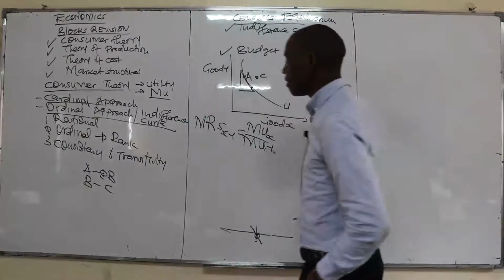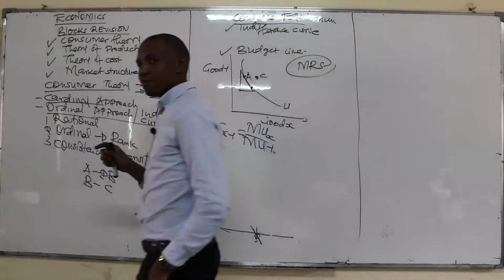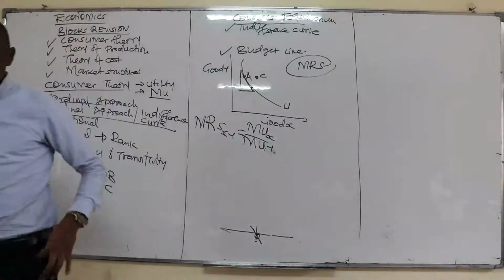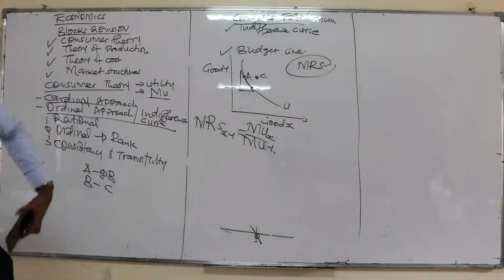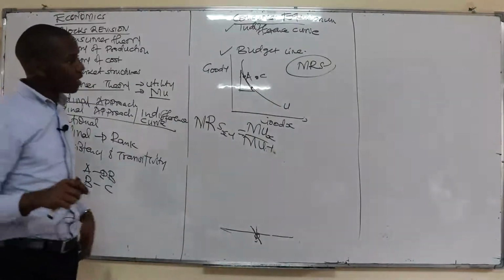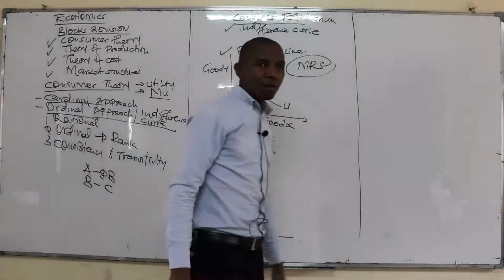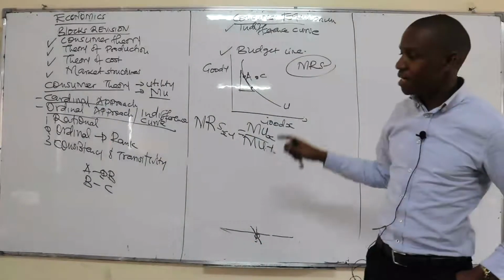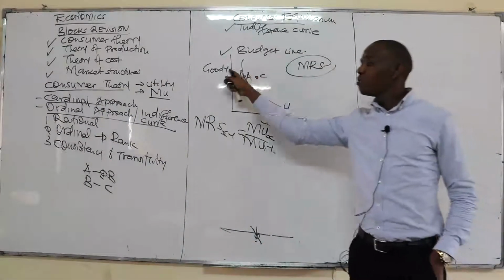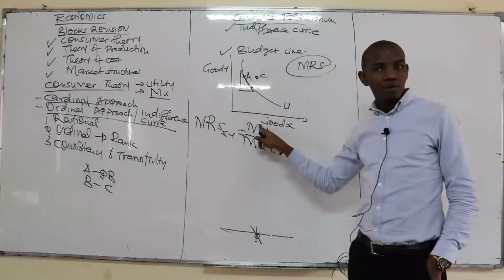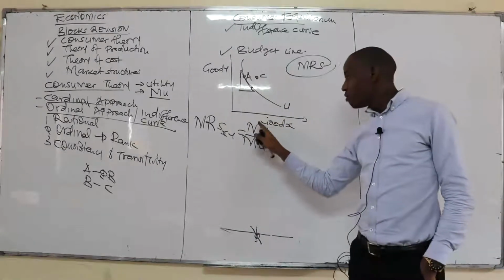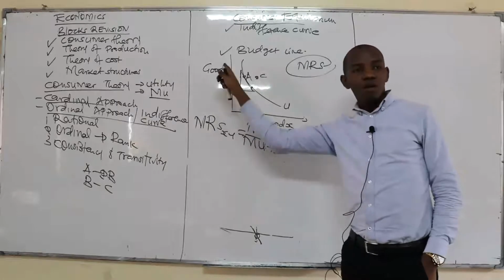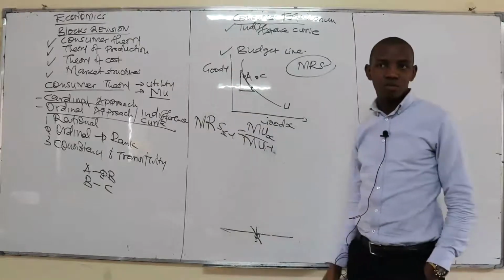One of them is a negative slope. As a result of this, if you consume more of X, then Y is reduced.